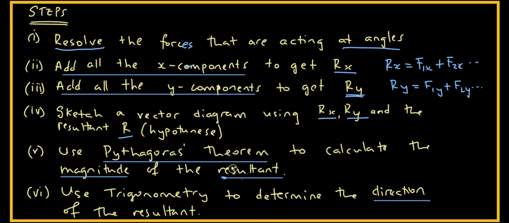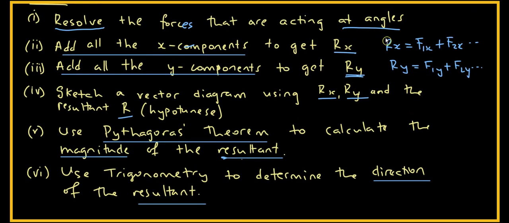Alright, so step 1, resolve all the forces into their components. Step number 2, add all the x components together to get Rx. Step number 3, add all the y components to get Ry. Step number 4, draw a simple triangle or a sketch using Rx, Ry, and then R being the hypotenuse representing your resultant.